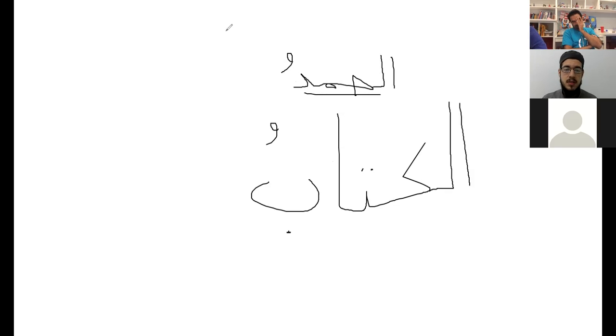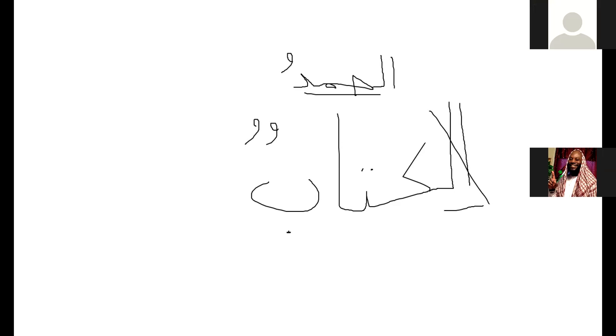Alhamdu. So it's like a seesaw effect. If you have this, the tanween has to go away. If you don't have this, the tanween comes back. Two dhammas instead of one. So that's what this next exercise is going to test you on, your apprehension and application of that concept.